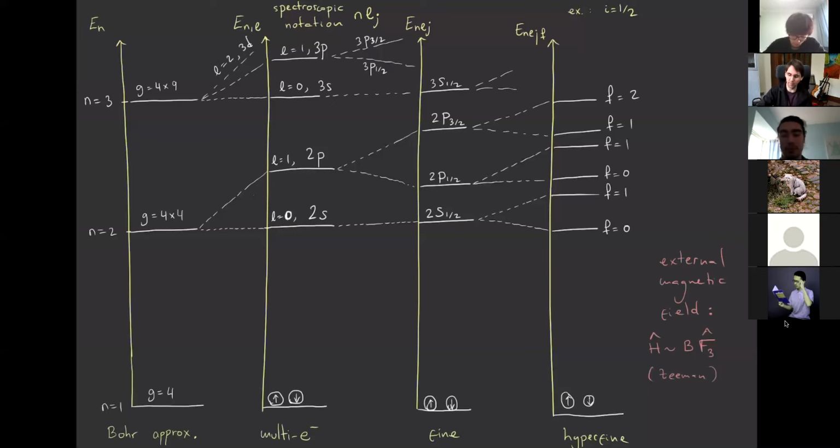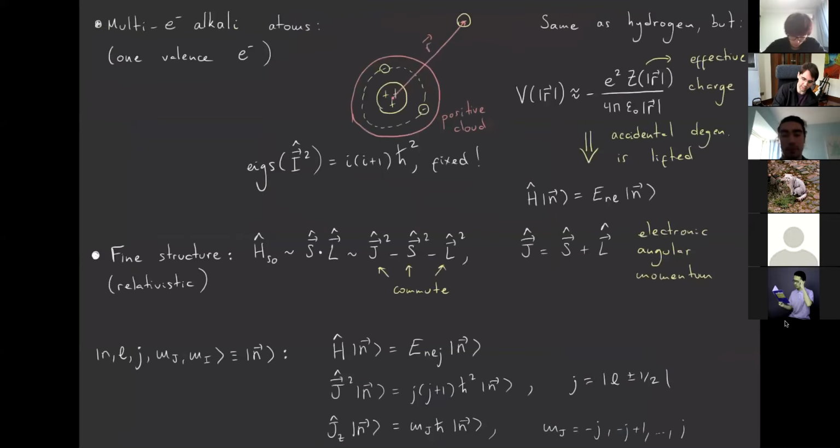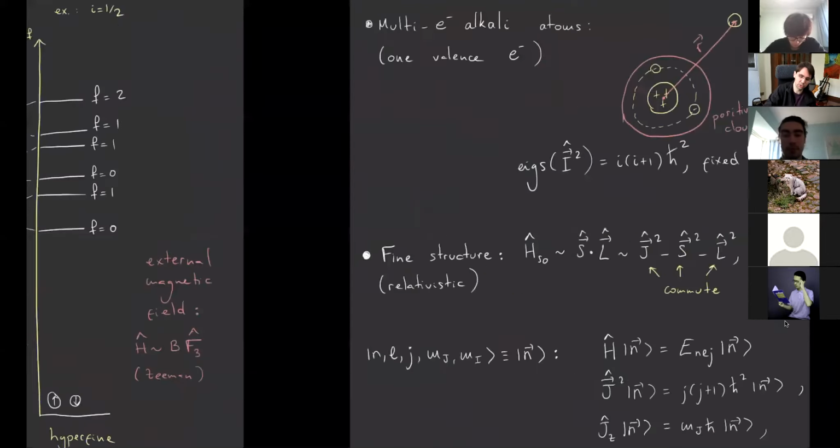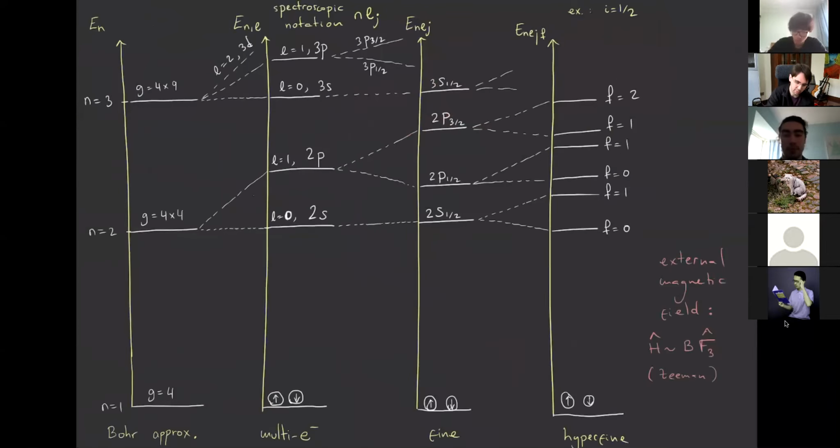Okay, and what happens now is that because the Hamiltonian depends on F3, and I remind you that F3 has eigenvalue MF, the energy will depend on that value, and in particular, you can start splitting all the possibilities in here.